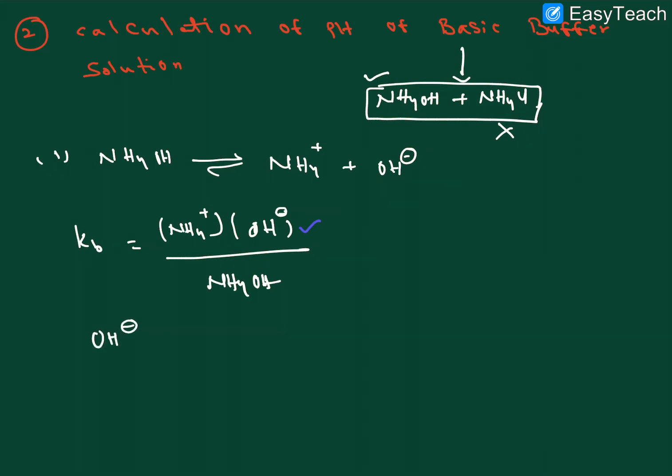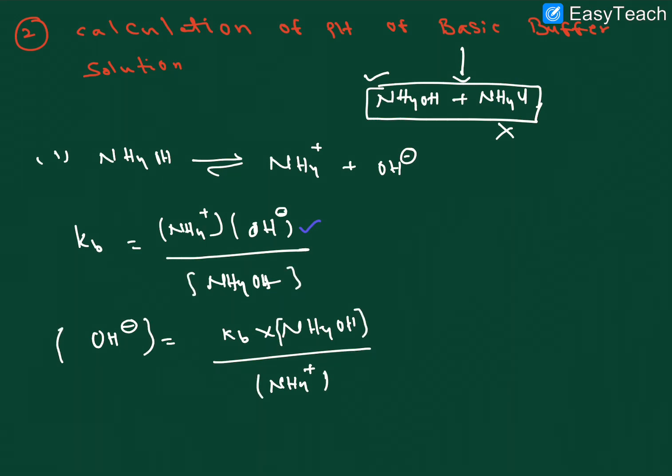So OH minus is equal to Kb times the ammonium hydroxide concentration divided by the ammonium ion concentration, right?